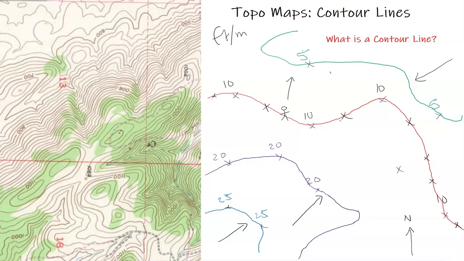Now I know that that is a lower number, so I'm going to be looking downhill, because currently at elevation 10, I am at a higher elevation than 5. So if I'm looking north, according to the compass right here, I'll be looking downhill to a lower elevation, and it's shown here, which is where 5 is. Now, if I was going to stand here, it's hard to tell what elevation I'm at exactly, but I know there's a range.